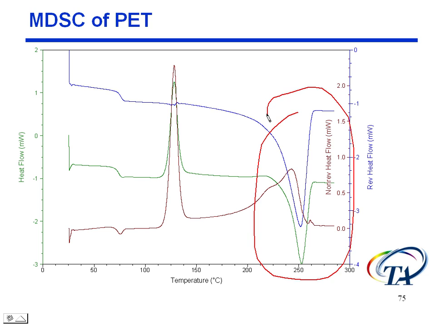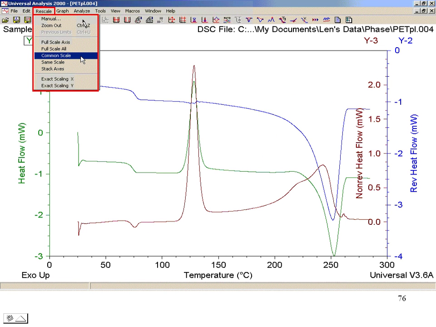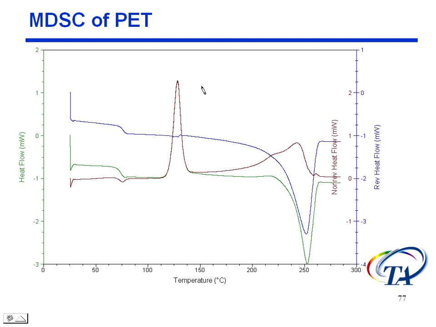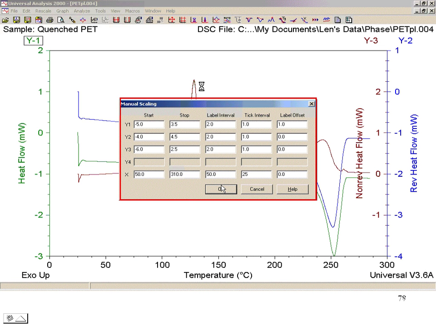So the first thing I'm going to do is go into rescale and common scale. So this puts everything on the same scaling. And then I'm going to go into manual scaling, and manual scaling is this little icon right here. In this case, I've got 5 total on the axes, right?